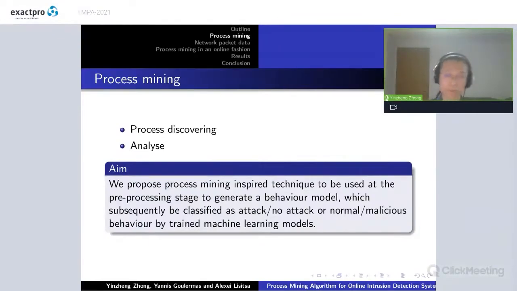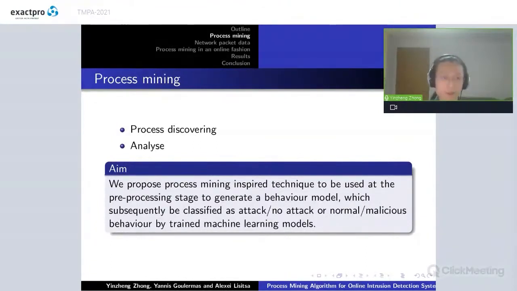First of all, about the process mining. Usually we have two steps. The first one is process discovery. Basically, we have an event log, and we apply the mining algorithm on the event log, then generate some process models. The second step is to analyze the process model to determine if there's any anomaly or if it's normal.